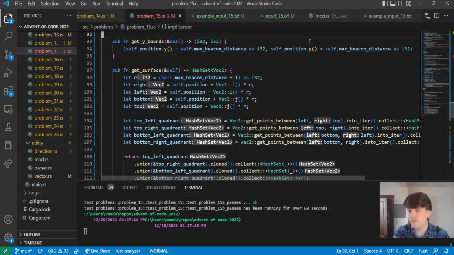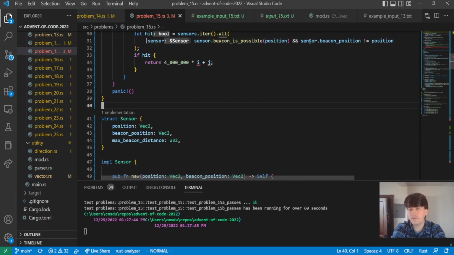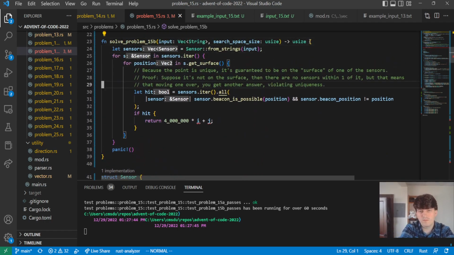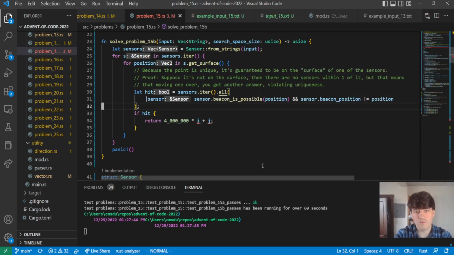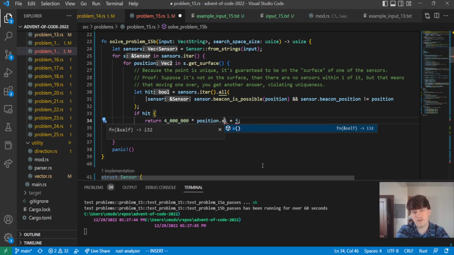And we're still not quite compiling. Why not? Because i times j no longer exists. It's position.x and position.y.